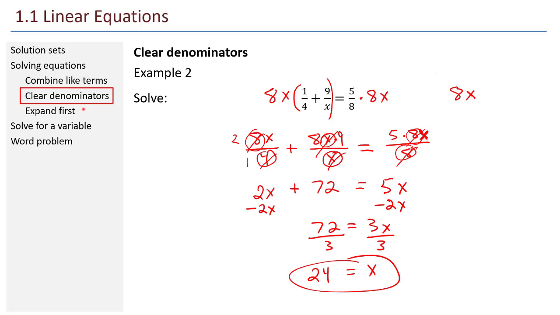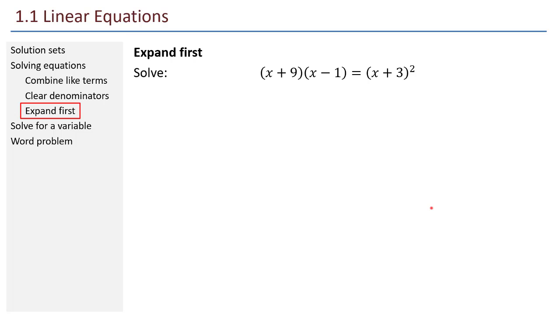Let's move on to the last technique for solving linear equations, expanding. All right, so when you have things multiplied together, it can be really difficult to get at the x. Ultimately, we want to get the x by itself on one side of the equation, and the very first thing we have to do is just expand everything. So I'll use the distributive property.